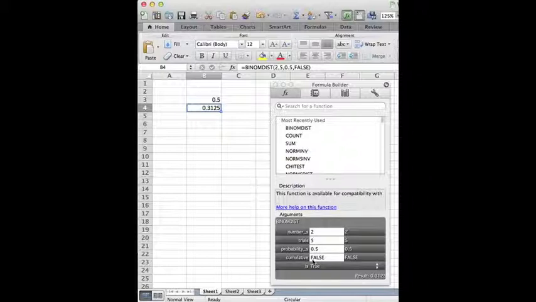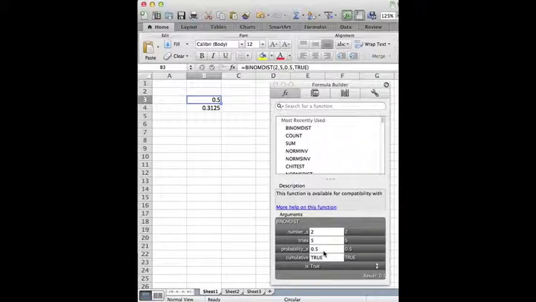If you put a true value here for the cumulative, it's going to make the cumulative condition true, which means it's going to give the probability of the number of successes up to a value of 2 and not just exactly 2. What we're interested in here is exactly 2, and that's what is depicted here. If you click on this cell, you will see how different it is when you put the value true, because true is then giving you a cumulative value.